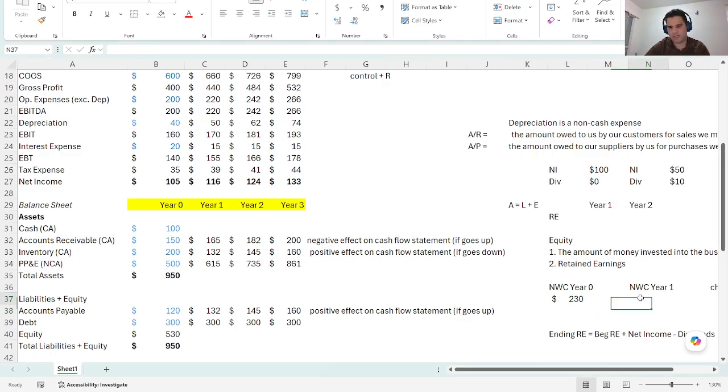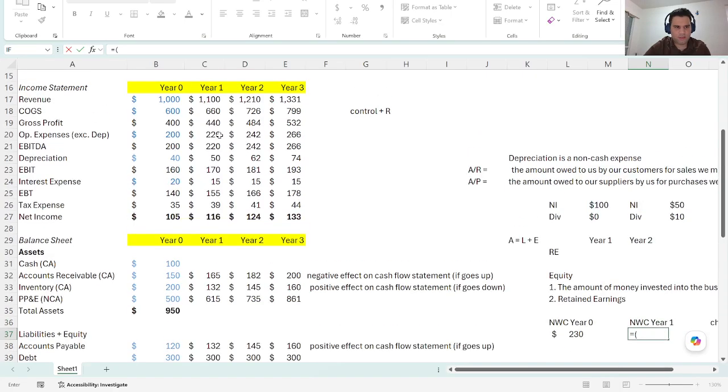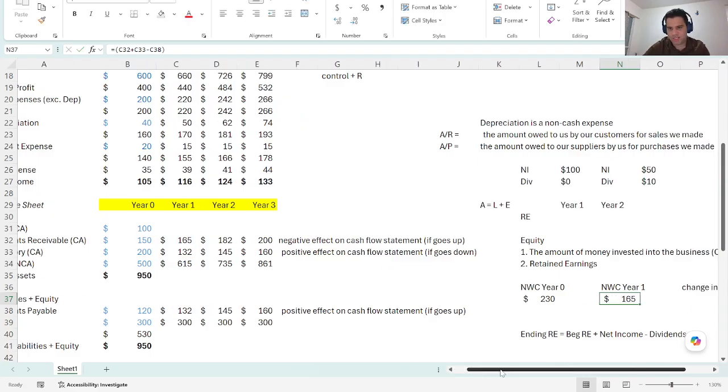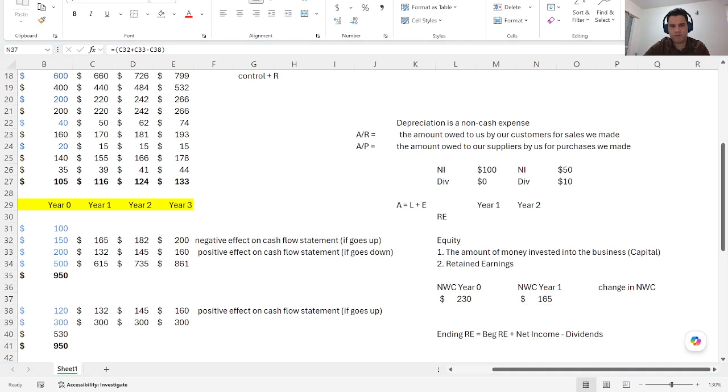Let's calculate the net working capital for year one. It's going to be accounts receivable plus inventory minus accounts payable. So the change in net working capital is going to be the difference between the year one net working capital and year zero net working capital. So it's going to be 165 minus 230.